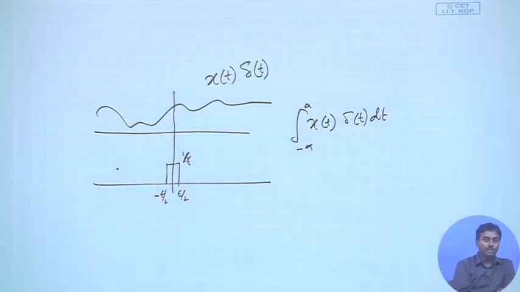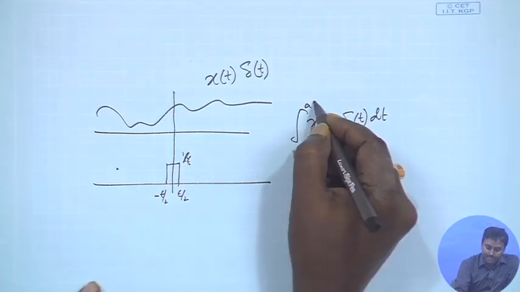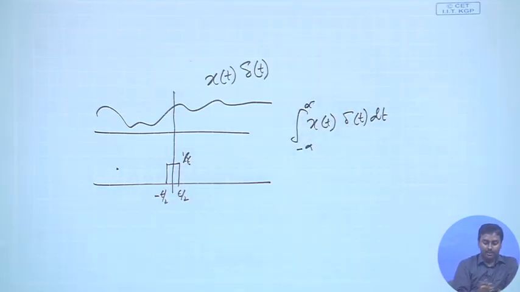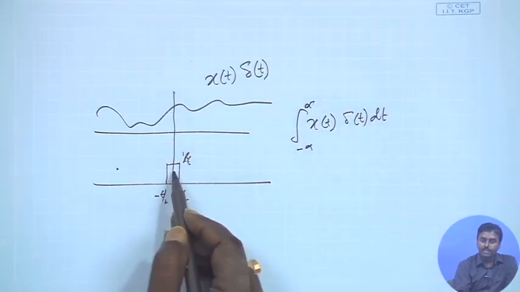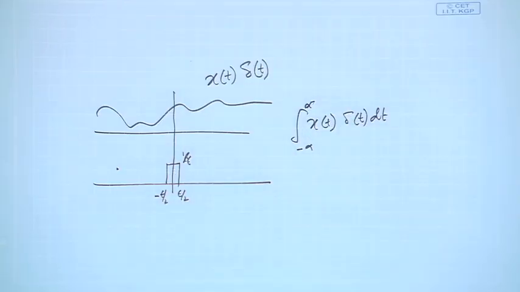Why am I doing that? Because delta t in integrated fashion has some definition. So if I integrate it, what is happening? On top of this, I am putting the definition that epsilon tends to 0. So if epsilon is tending towards 0, what do I get when I integrate?